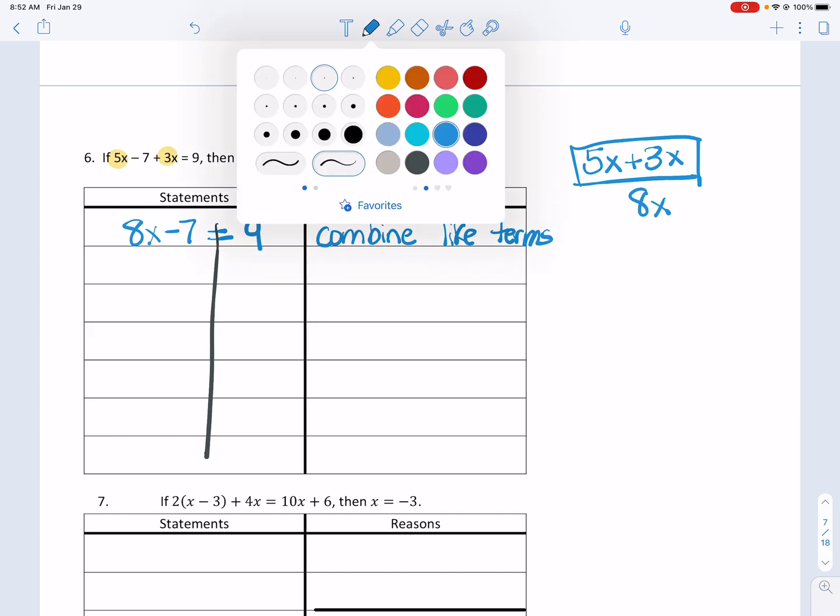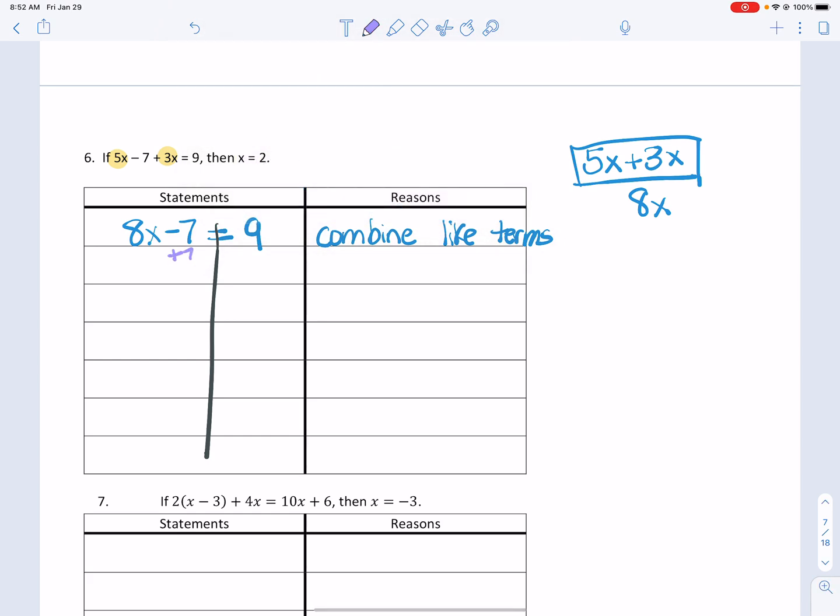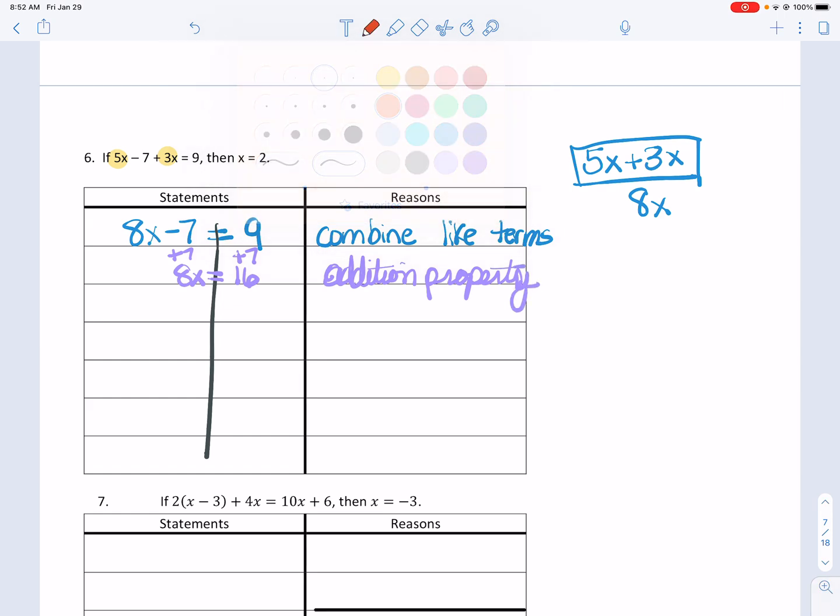So then what's my next step? I would add 7 to both sides. So I get 8x equals 16. So that would be my addition property because I added to both sides. And then my last step, I can legally divide both sides by 8, and x equals 2. So that's my division property. And you have to list it. And if I look at my original problem, it was right.